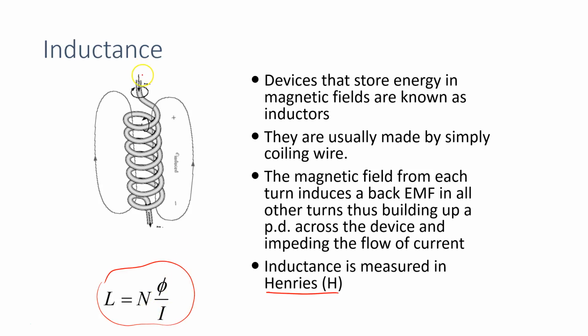So some current I comes through the coil, and that current produces a flux, and you have N turns, so the total amount of flux concentrated in that volume is N times phi. So the inductance relates the flux to the current.